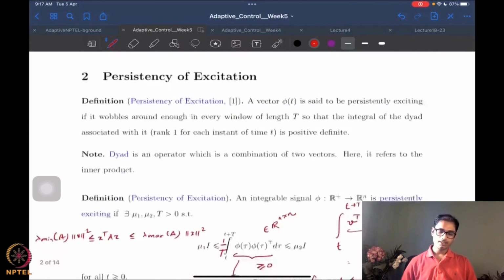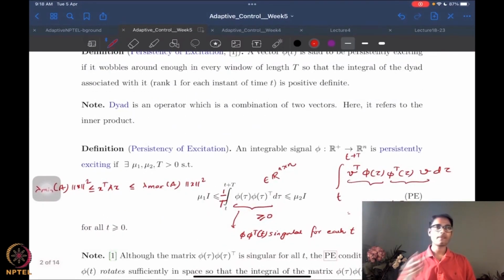Which is somehow saying that even if the outer product of a vector signal is not full rank, we can integrate it over a certain window of time to get full rank, in fact get definiteness. And this is something that is rather useful in system identification, which precedes adaptive control.